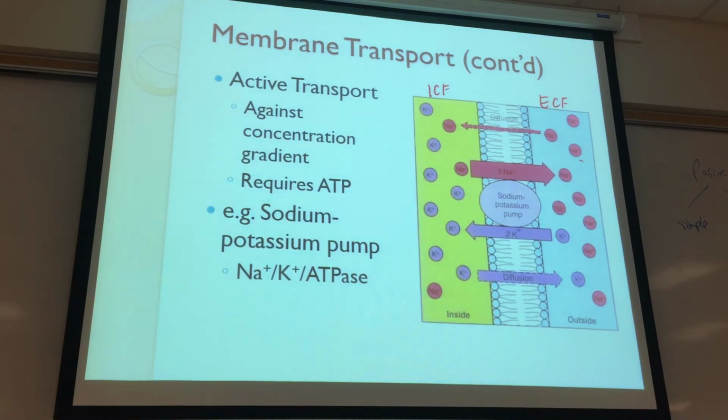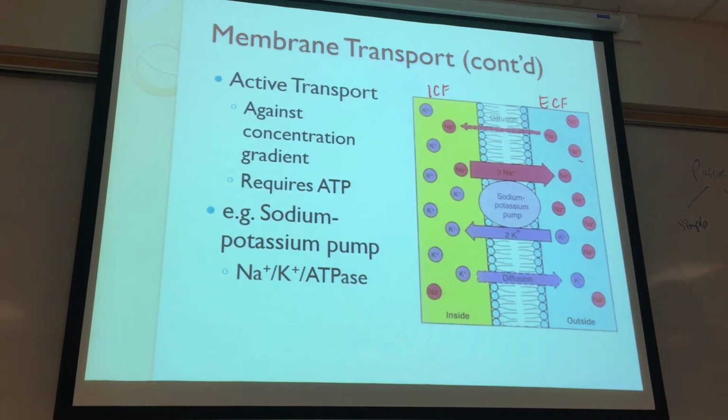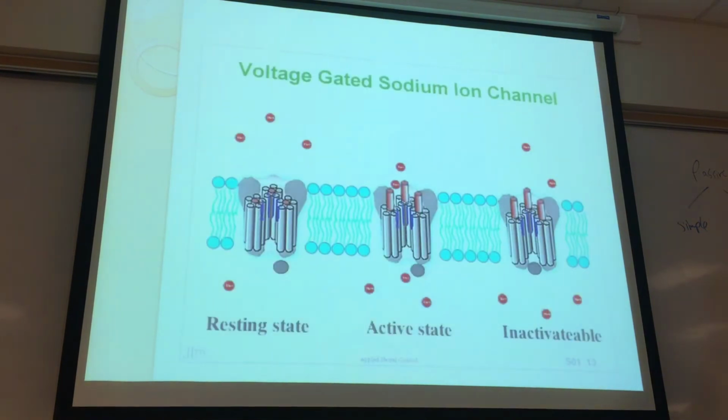Potassium has a positive charge. If I have more positive ions on the inside of the cell with respect to the outside, that makes this side more positive and this side more negative. We'll explain this concept in much more detail next week. That lends itself to a certain electrical difference, which we describe as a voltage between the two. Again, if you're not getting that now, that's okay, because we'll revisit this next week.